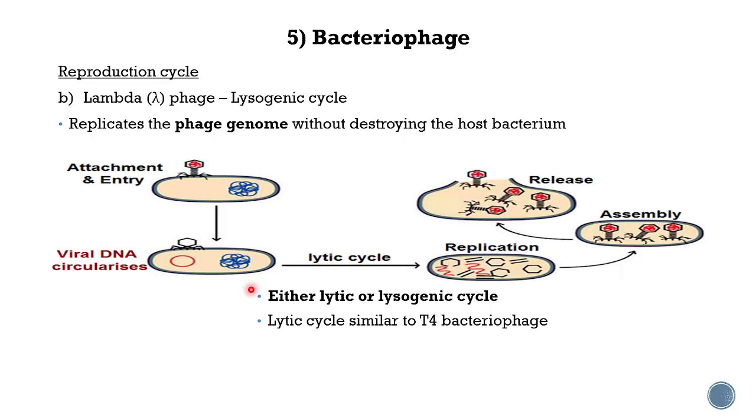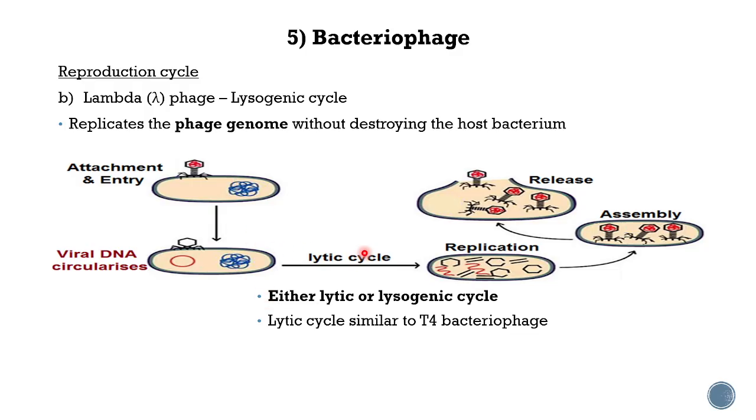After that is a branch off of two different reproductive cycles. The lytic cycle can continue right after the viral DNA has entered. If it continues with the lytic cycle, it will be similar to the T4, just the lytic cycle with no lysogenic.